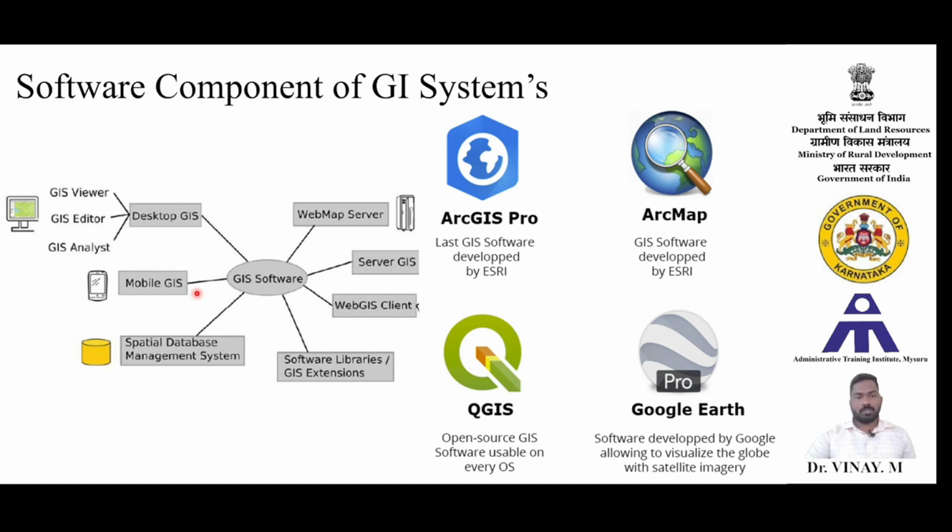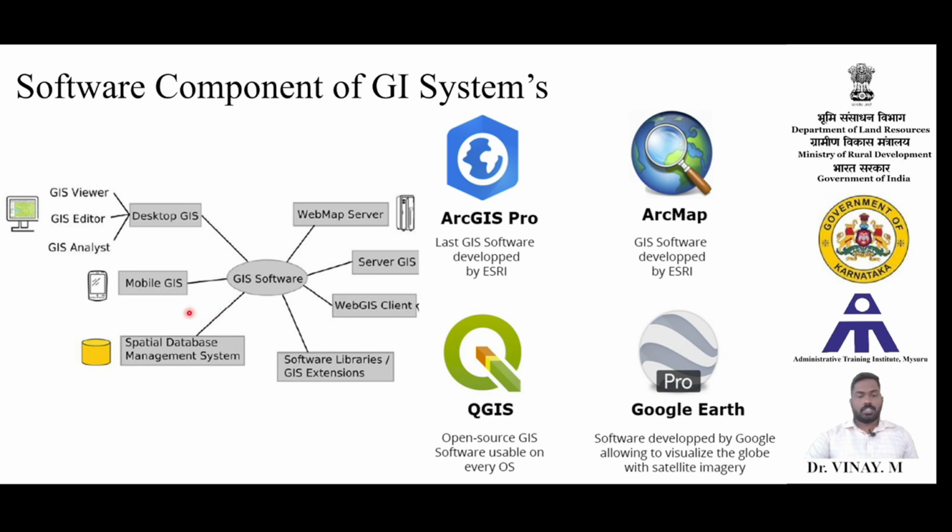The best example is our Google Maps. Google Maps is a mobile GIS application where we use the Android app or iOS app, whatever platform you are using, to use the mapping application. That is called mobile GIS.